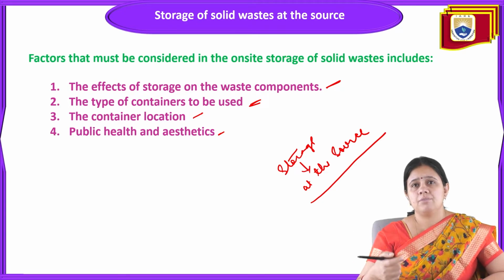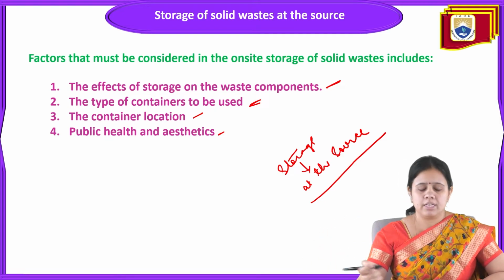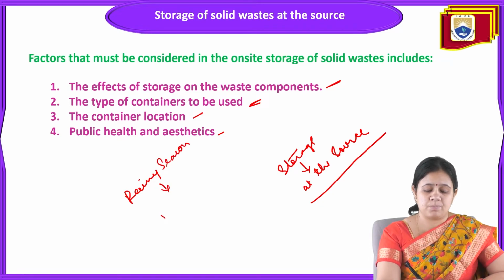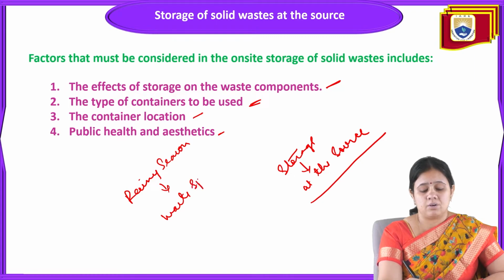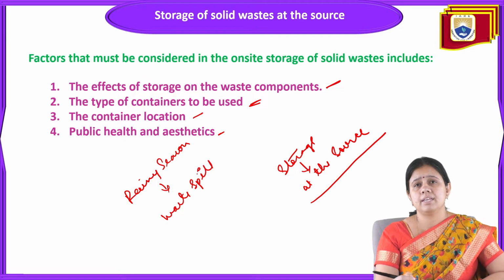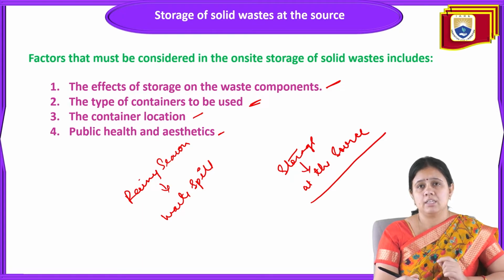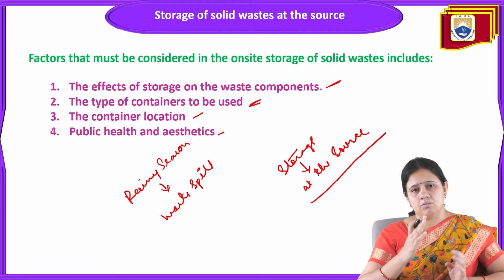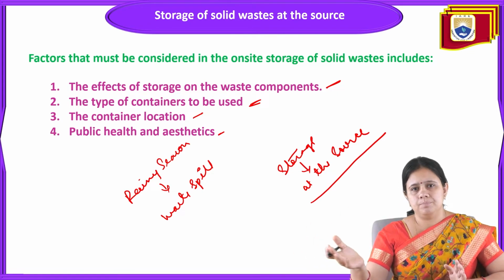First, effects of storage on the waste components: if it is kept outside, then during the rainy season water will enter, and waste will spill outside the area. Next, the containers used should be installed in a careful manner. The container location is also very important, because some distance should be maintained from one container to the next.